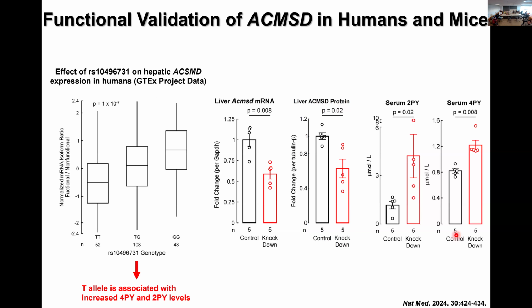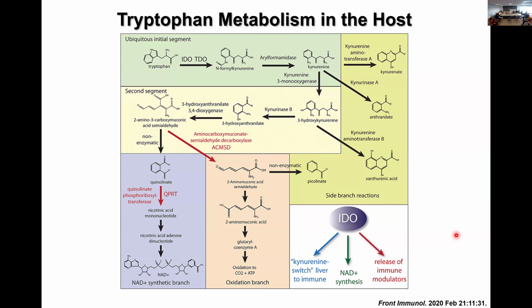Why? That's the next question. This is a very complicated biochemical pathway, but I'm going to keep it simple. It turns out that ACMSD, which is shown right here in the middle, is involved in the metabolism of tryptophan. Tryptophan, a dietary essential amino acid, can go down multiple pathways. One of the pathways is the kynurenine pathway.